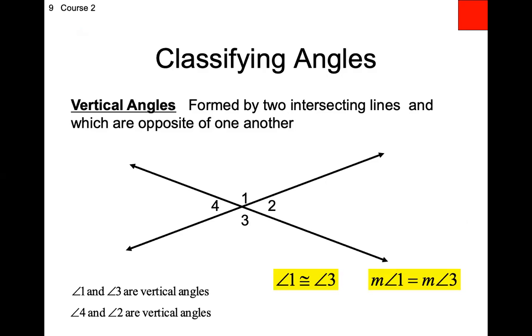That's what congruency means. If you want to talk about actual numbers, I don't know what the numbers are. 1 is clearly obtuse, maybe it's 150 degrees. But 150 degrees would be equal to 150 degrees. We can say the same thing about angles 4 and 2. Angle 4 is congruent to angle 2. That's the name. If we want to talk about its actual measurement, 2 and 4 look like they're acute. We would say that the measurement of angle 4 is equal to the measurement of angle 2.